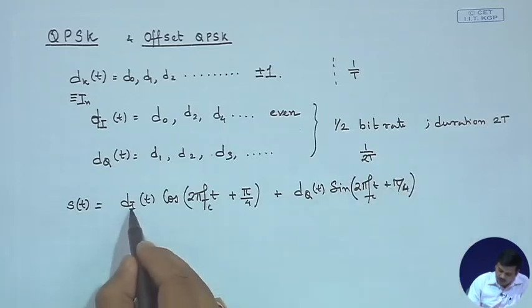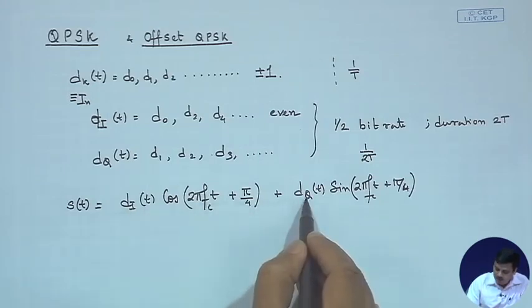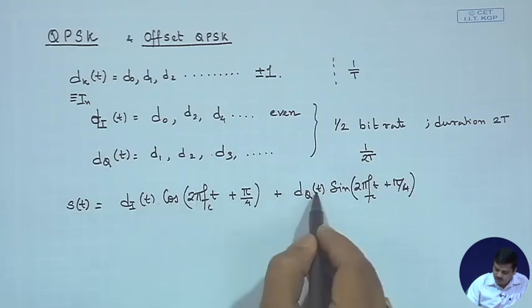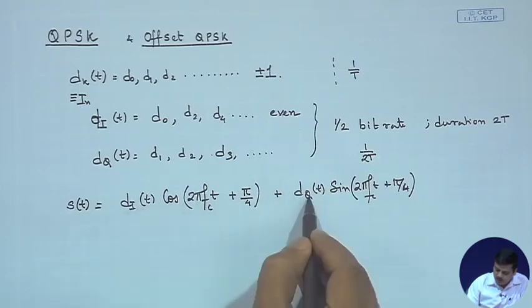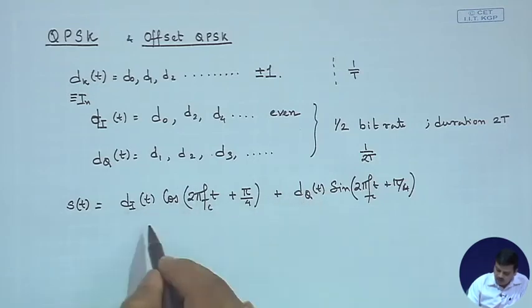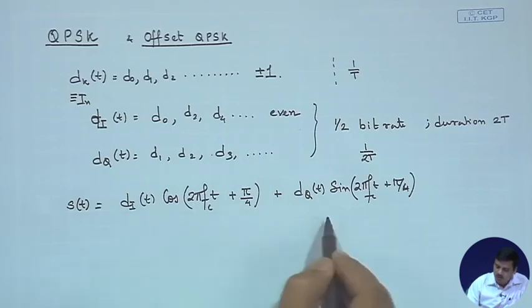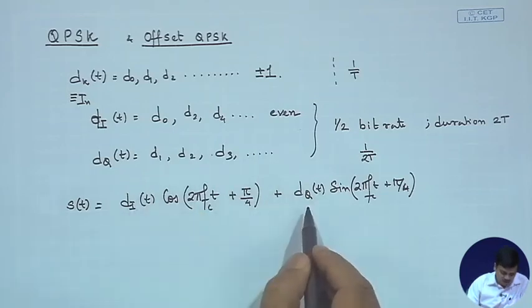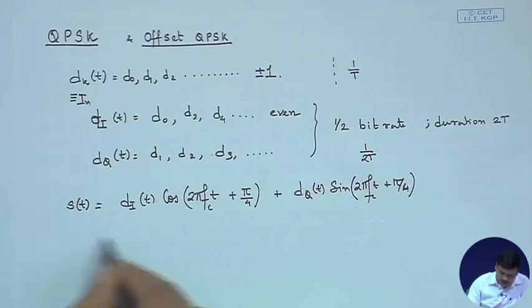So, if d_I takes a value of 1, d_Q takes a value of 1, you have one particular combination. So, 1 1, 1 minus 1, minus 1 1 and minus 1 minus 1. So, these are 4 combinations of d_I and d_Q that you get.